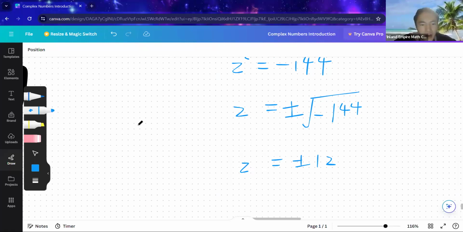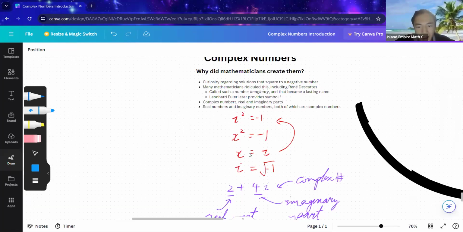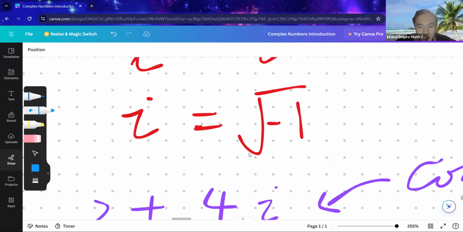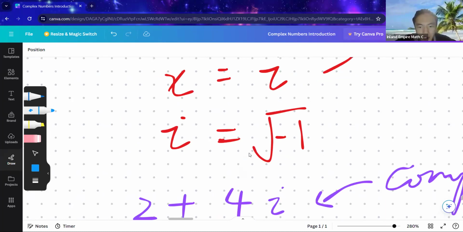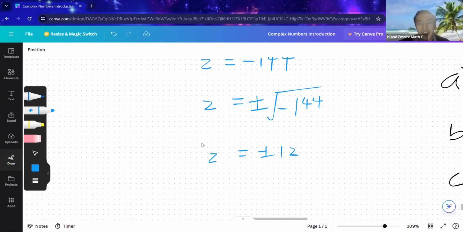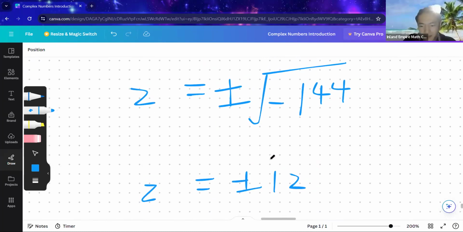But if we go back to the definition of what a complex number is, you see that i squared is equal to -1, and i is defined as the square root of -1. And so that means you can factor out the square root of -1 and just tack that i at the end of 12.